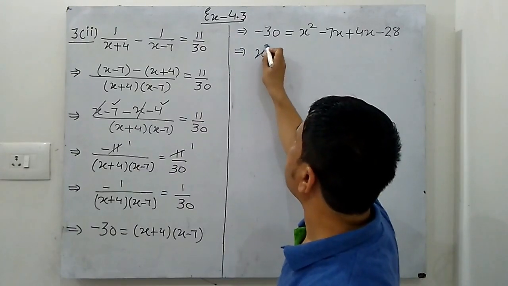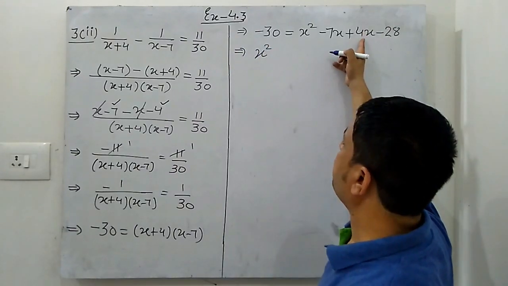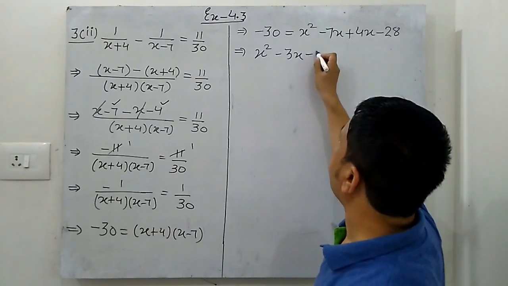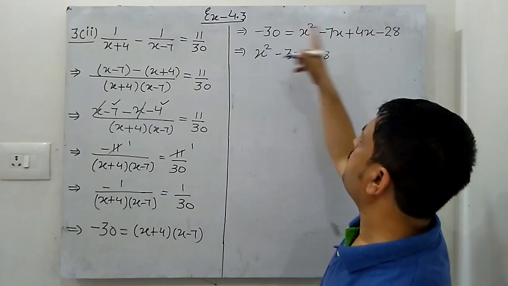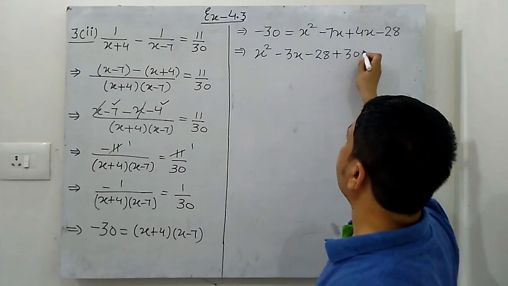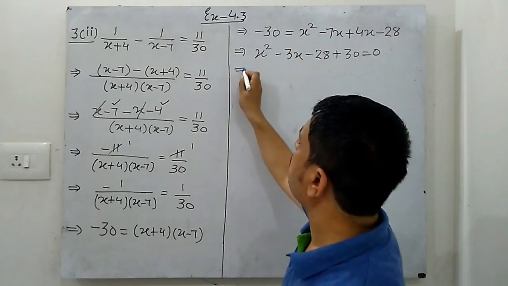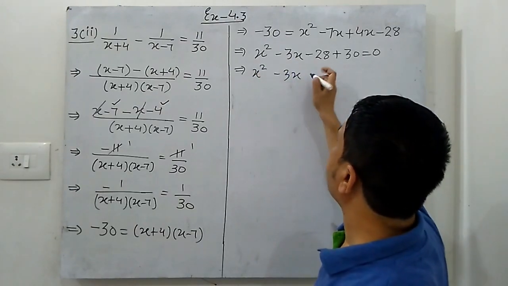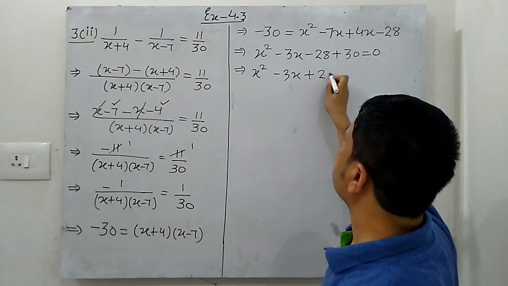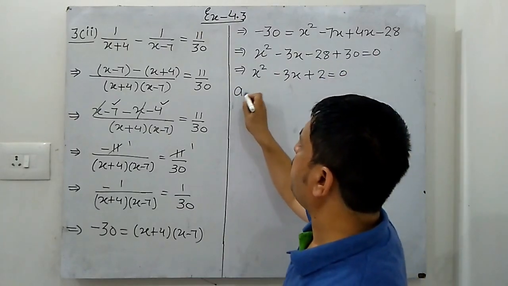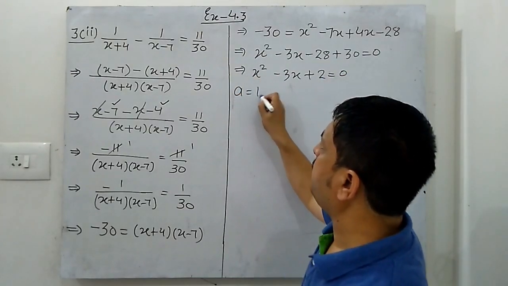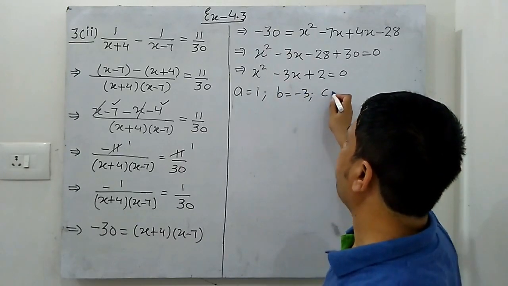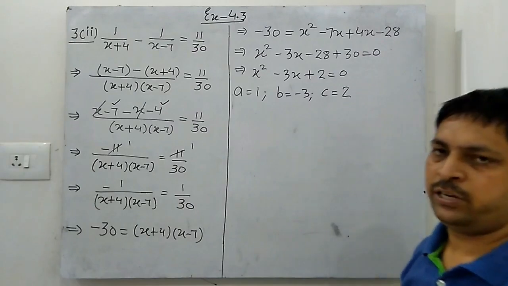So x square, minus 7 and plus 4, it will be minus 3x. Minus 28 is already there. This 30 will be positive, equal to 0. So it is x square minus 3x, 30 minus 28 is 2. So we can see the value of A is 1, value of B is minus 3, and value of C is 2. Clear?